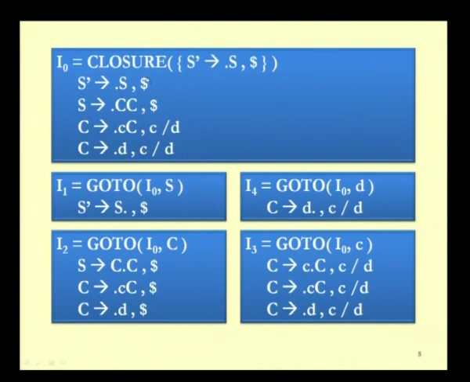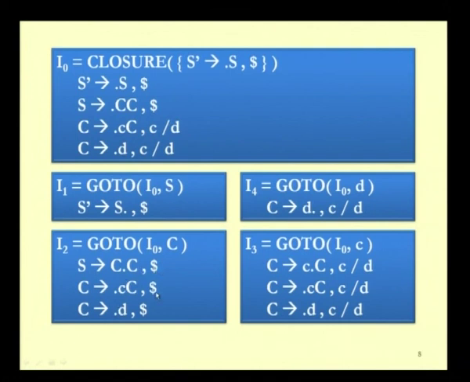So, now we need to compute the various transitions for that. We have the state I1 obtained with S' derives S., comma dollar, and I2 obtained with S derives C.C, comma dollar from I0, and when this is expanded we will be having another two items with beta as epsilon.